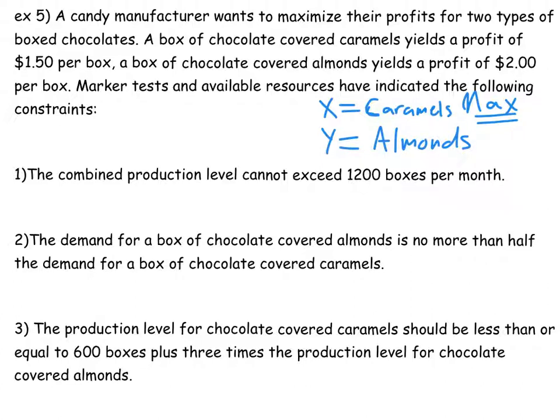I should say that x is boxes of caramels, and y is boxes of almonds. I'll make sure in my conclusion that what we get for these x and y values are in the number of boxes that we should produce of each. But I should have talked about that more. That's really where you should start. You're always going to have 2 variables. What's x and what's y? Okay, let's say that's what they are.